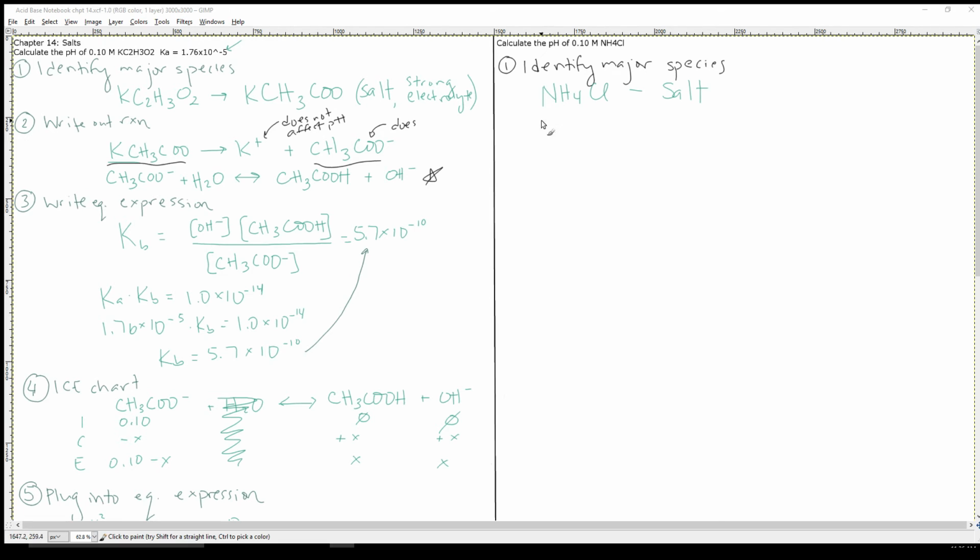We have a polyatomic with a non-metal. We've got a cation with an anion, and that makes it a salt, which is a strong electrolyte, which is helpful to know. So what we're going to do now is write out the reaction.